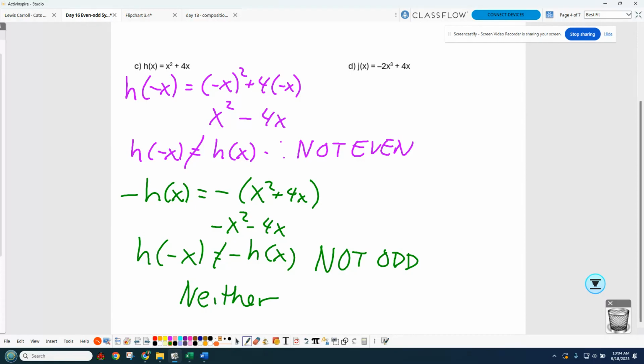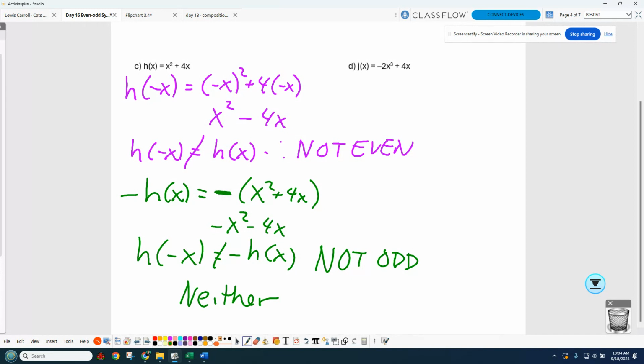Dylan asks: once you plug in the negative x and you get x squared plus 4 times negative x, do you even need to continue simplifying, since you can already tell it's not even or odd?